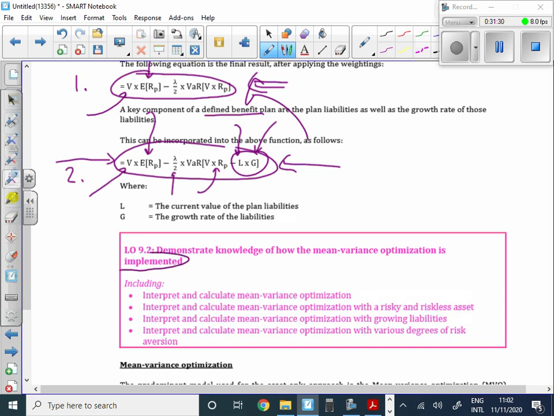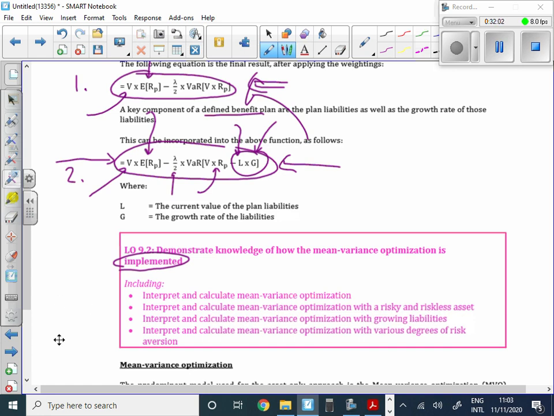If it's implementation, I'm at the process of I've selected my investments, investment A or investment B, call them what you wish, however many I've got available. I'm ready to implement. What I now need to decide is how I'm going to weight those particular investments, how much weighting I'm going to give to investment A and to B, because this particular learning objective said we want to talk a little bit about implementation. Away we go. Let's go over the page now.